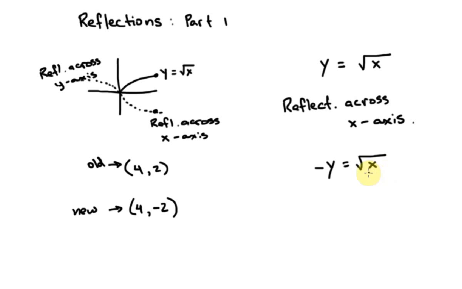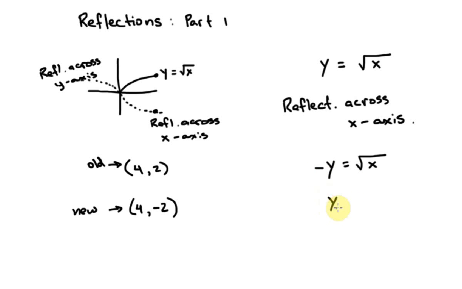Now you'll notice that it's kind of funny. Everything as far as transformations goes, it's almost like you always do things a little backwards. If you want to reflect across the x-axis, then you find the y and put a negative in front of it. You can guess where this is going as far as flipping across the y-axis, but we'll get to that in a moment. Let me just show you one other way I could write this.